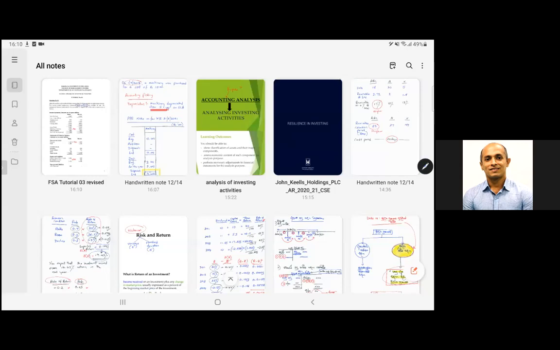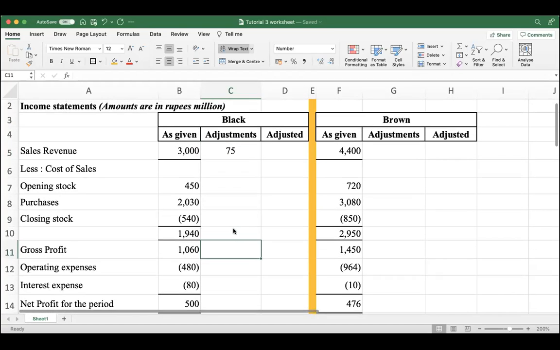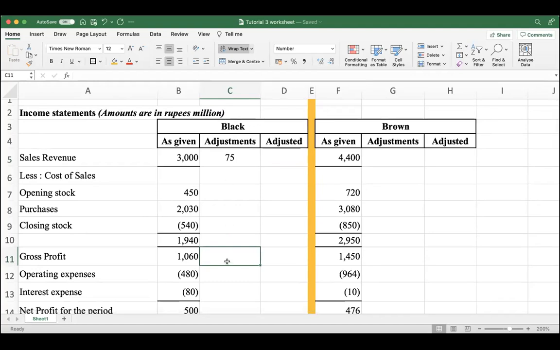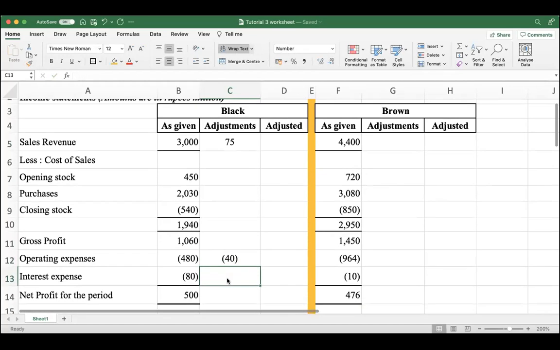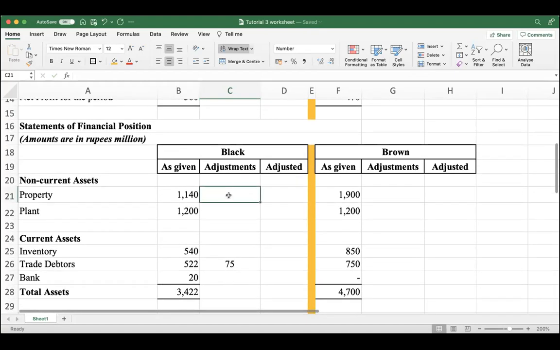Now you can do the adjustment in that Excel worksheet. We are adjusting in Black. Expenses increases by 40. Property increases by 760.